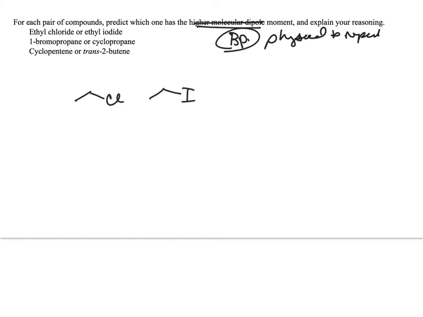So you can go ahead and make that correction. Ethyl iodide would have a higher boiling point than the ethyl chloride. And the reason why is because iodide is a heavier atom than chlorine.